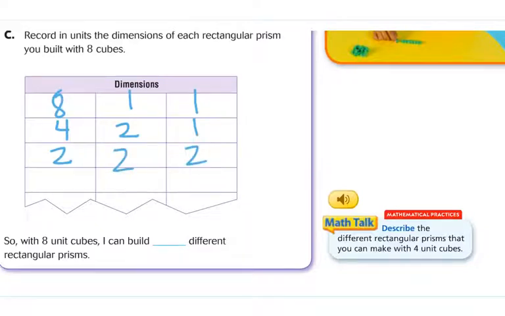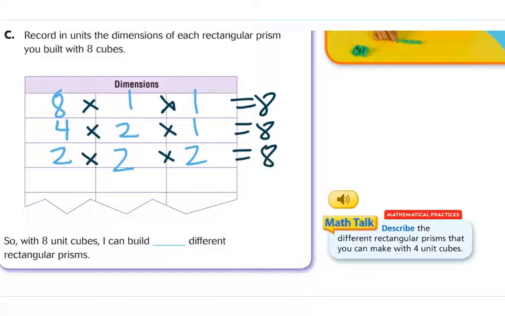As you notice, boys and girls, we can see that when we multiply these different dimensions together, we will always get 8 unit cubes, because that's how many unit cubes we are working with. So, with 8 unit cubes, I can build 3 different types of rectangular prisms.